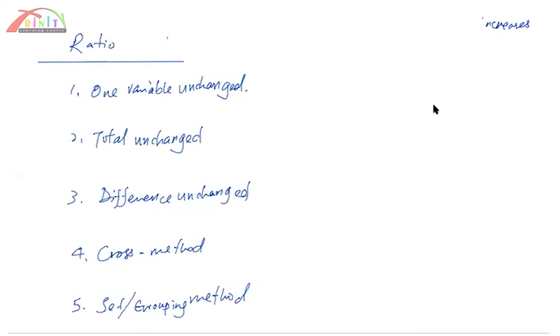The second type of question is known as total unchanged. In a total unchanged question, it goes like this: I give you, you give me. Okay, A to B, B to A, total unchanged.